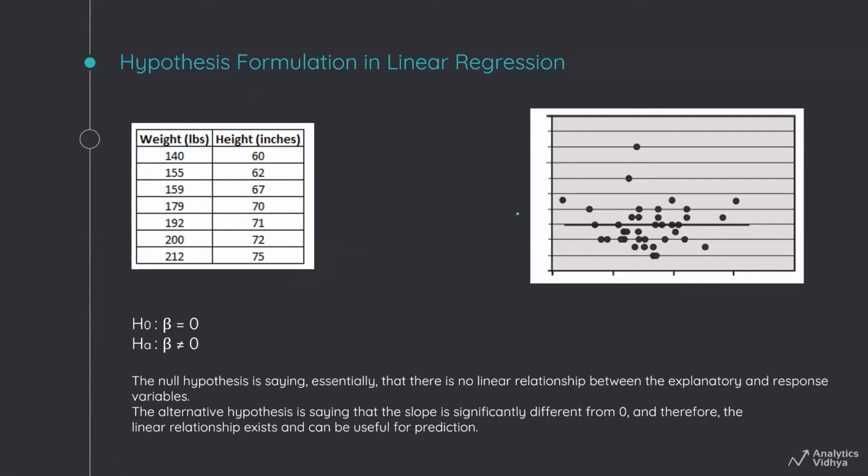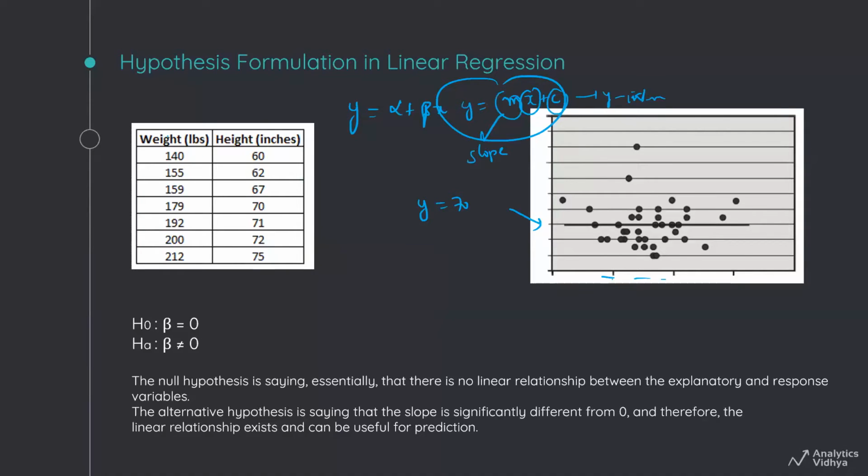So if I take that as an example, my y is 70. If you remember the straight line equation, it is alpha plus beta x, or y equals mx plus c, that we have studied in our schools, where x is the value on the x-axis, c is the y-intercept, and m is the slope.